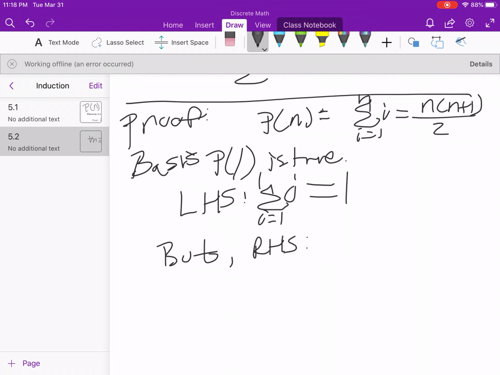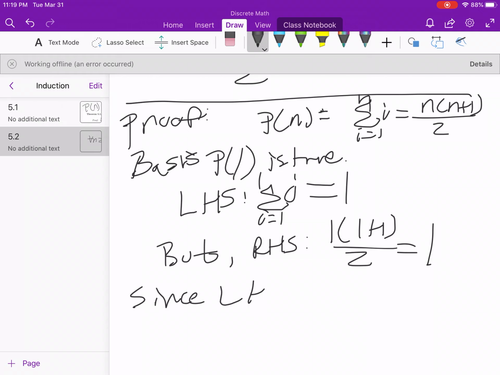Well, here I just put in 1 times 1 plus 1 over 2, and that gives me 2 over 2, which is just 1. And since the left-hand side is equal to the right-hand side, P of 1 is true.